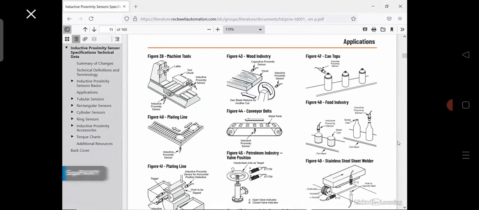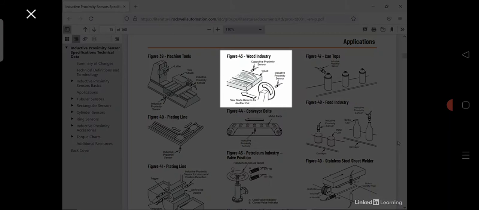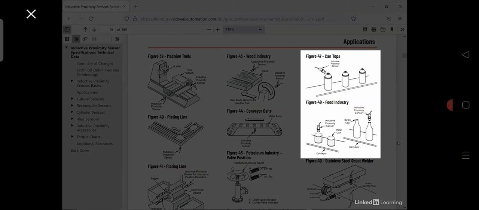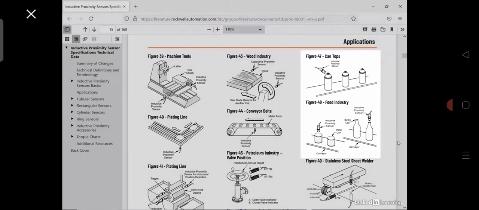Here are some demonstrations of different applications for proximity sensors. Examples: capacitive proximity sensor is used in wood industry, and inductive proximity sensor is used in metal part detection.